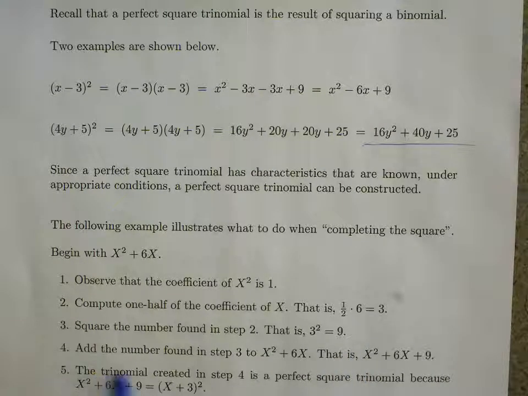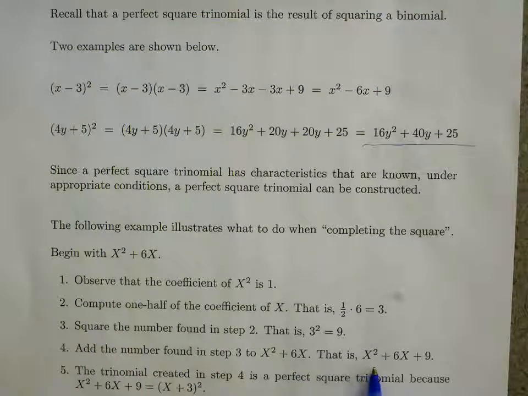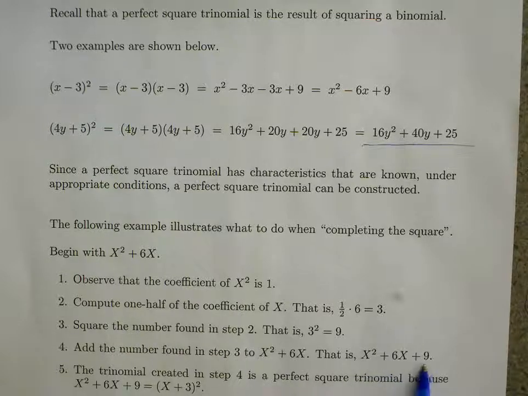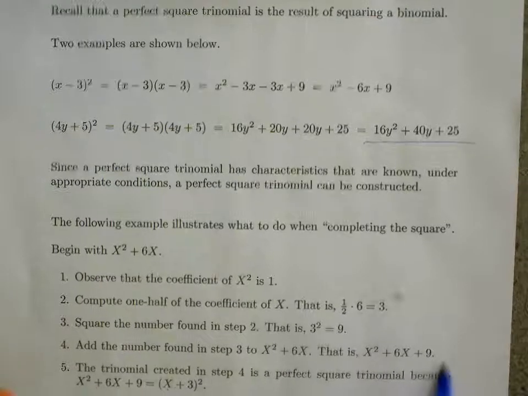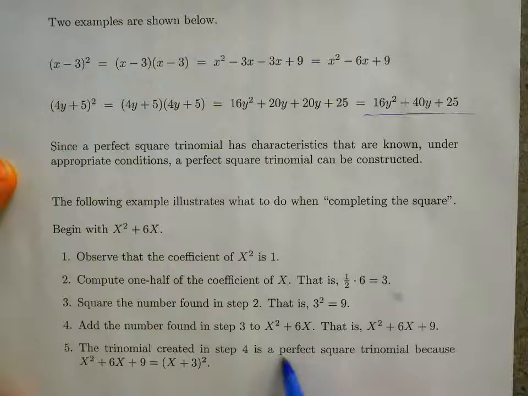And when we add the number 9 to x squared plus 6x, we get x squared plus 6x plus 9, and that is a perfect square trinomial. Once again, we call it a perfect square trinomial because it's the result of squaring a binomial.